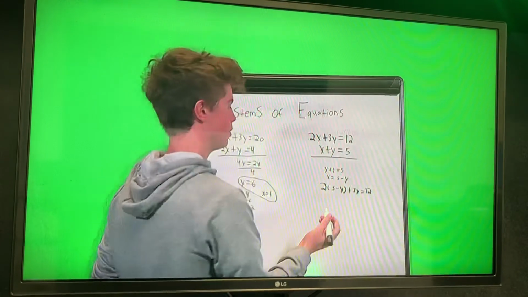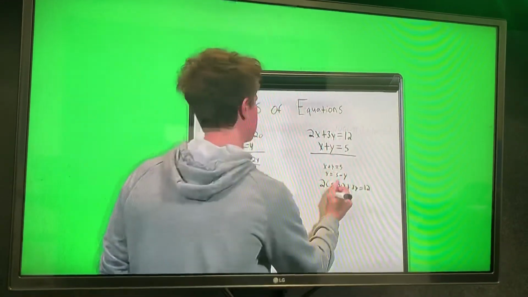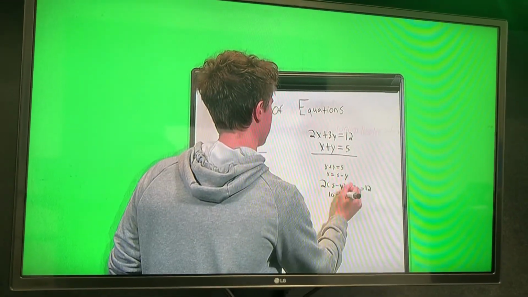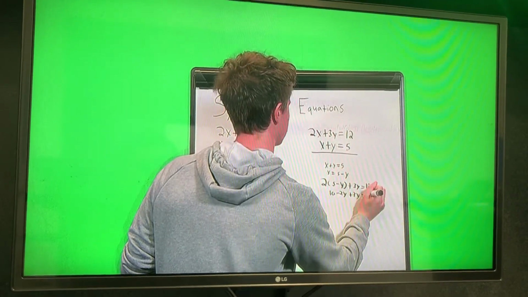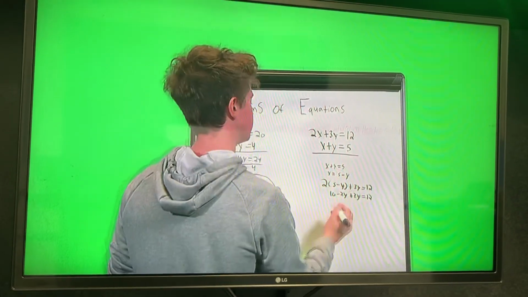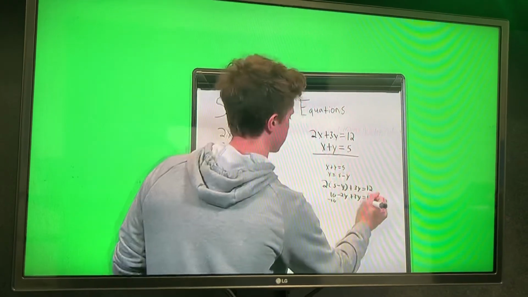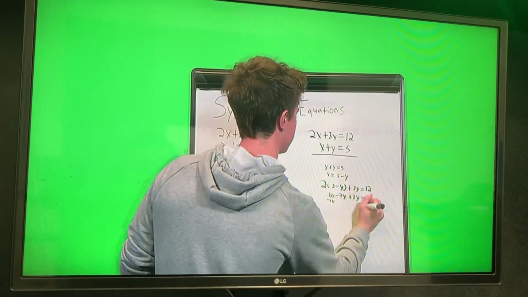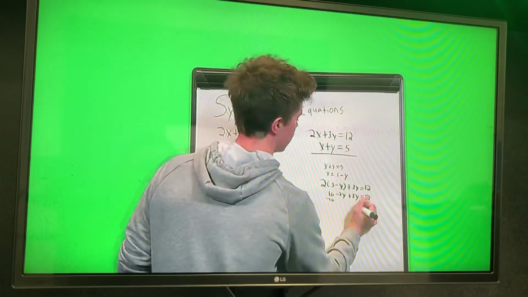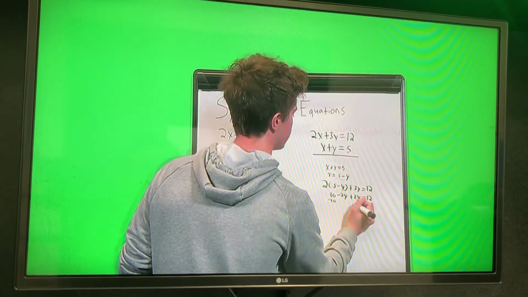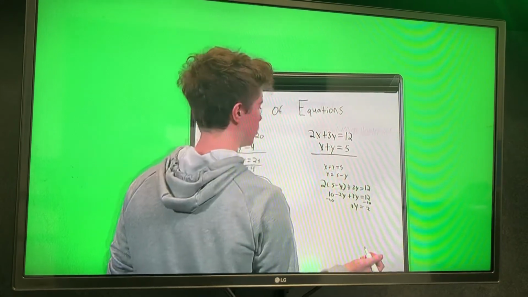So then you distribute the 2 and you're left with 10 minus 2y plus 3y equals 12. And then you subtract the 10 and you're left with 2 on this side, and you combine your y's and you're left with just one y. So y equals 2.